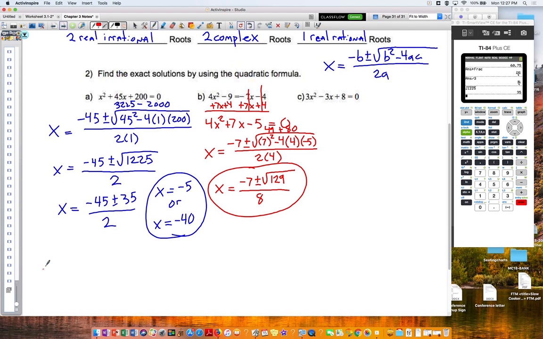All right, let's take a look at the very last one. So I'm just going to change colors for the last time here. So again, plugging it into the quadratic formula.